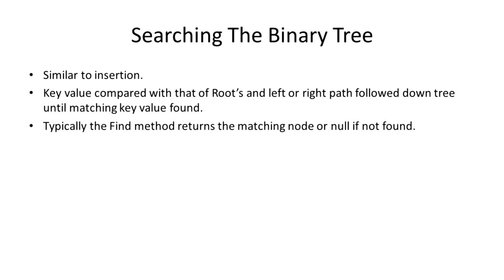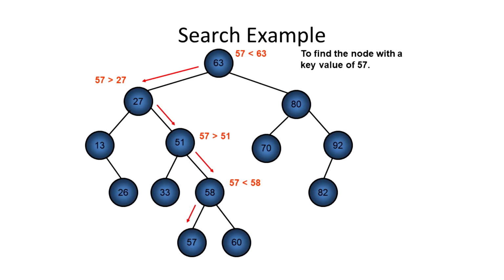The process of searching the binary tree is very similar to that of the insert method. We start by comparing the value or the key that we're looking for with that of the root node, to work out whether the value that we're searching for is in the left-hand side of the tree or the right-hand side of the tree.